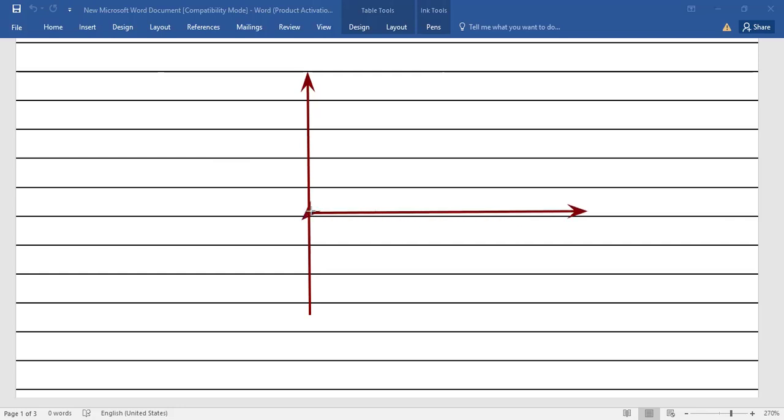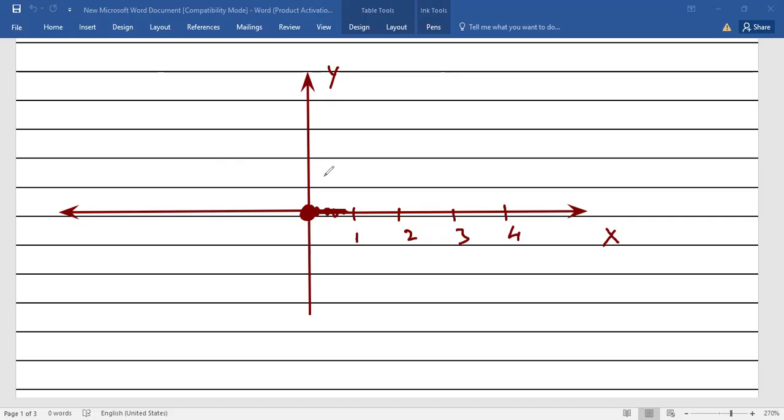Okay, x-axis. This is negative x-axis. Now, if you look into this, any point, so let it be 1, 2, 3, 4. Any point between 0 to 1 will give this answer 0.